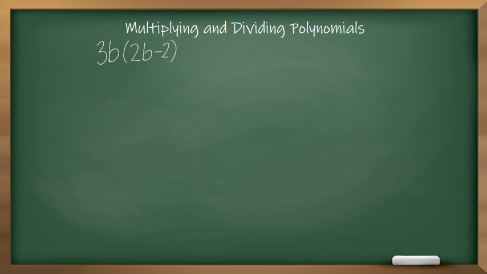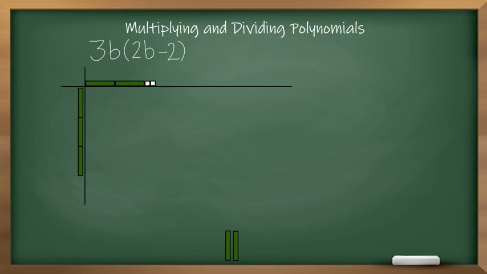So if I'm using an area model, I'm making a rectangle because the area of a rectangle is one side multiplied by the other side. So for this rectangle, I want 3b on one side and 2b minus 2 on the other side. I am going to lay out those tiles, but they're not part of the area, they're just labeling the sides. So I've got them laid out on both sides of where I'm going to make my rectangle.